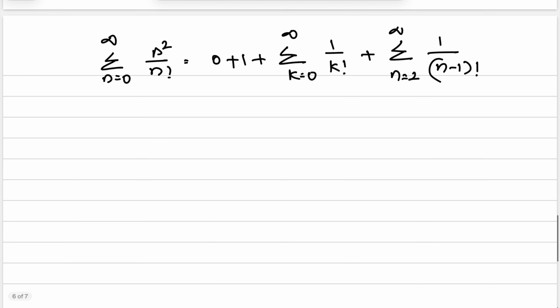This will be equal to 1 plus e, this value is e.